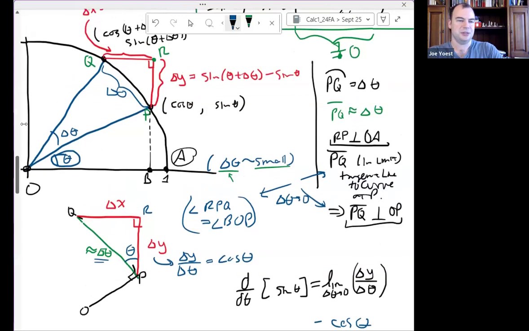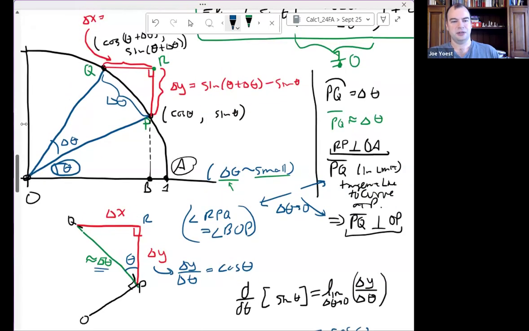So most of the hassle here is trying to keep straight what I want to call everything and what's true about these two similar triangles. I wish I had a couple more colors, but maybe I'll try to do this with a highlighter. I have this side and that side, the yellow sides.